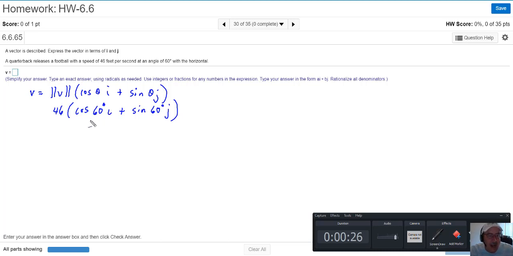The cosine of 60 degrees is 1/2, the sine of 60 is square root of 3 over 2. Multiplying the magnitude 46 through, we're going to get 23i plus 23 times the square root of 3 j.